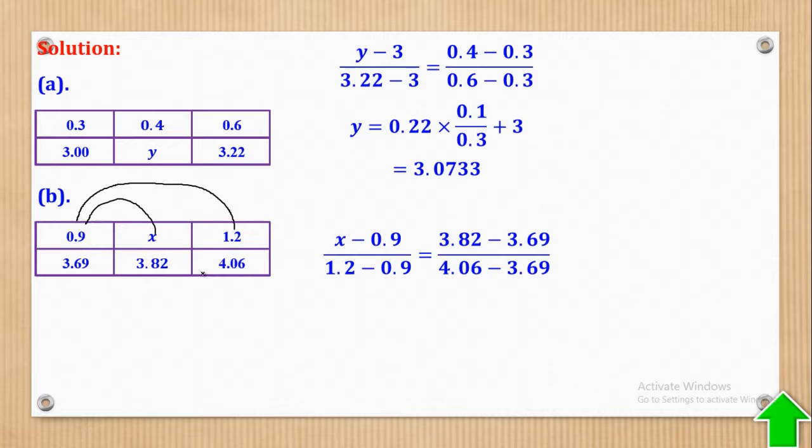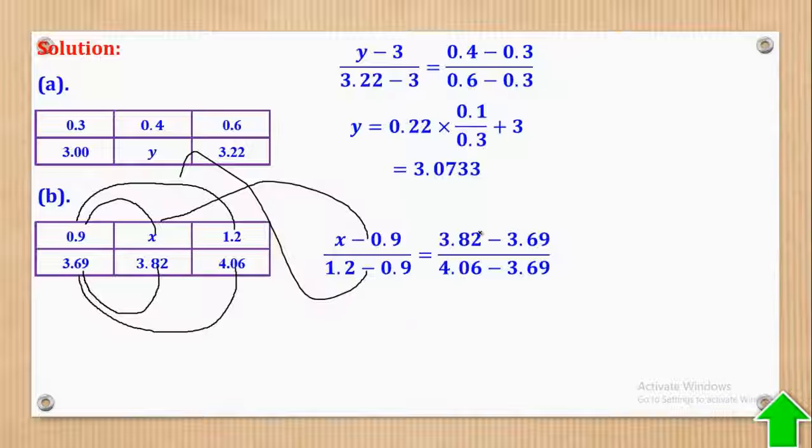Then for changes in y you will still do the same: 3.82 minus 3.69 divided by 4.06 minus 3.69. I think you can see that's why there is this one here and this one there.